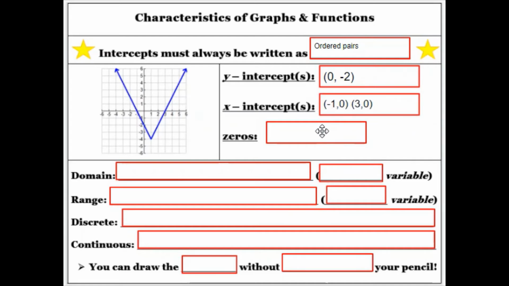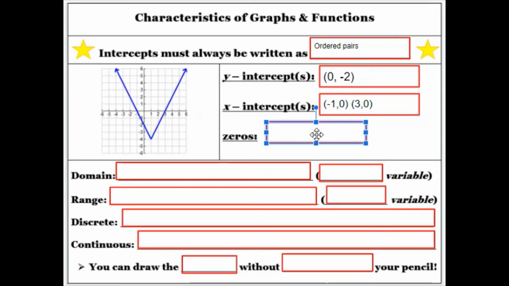Now this is asking me to find the zeros. Now remember from last slide, the zeros are basically the same as your x-intercepts. The only difference is how we write them. So again, zeros are asking you what x value gives you a y value of 0, or in other words, what input makes your output 0. What value is going to give you a 0? And in this case, it's -1 and 3.